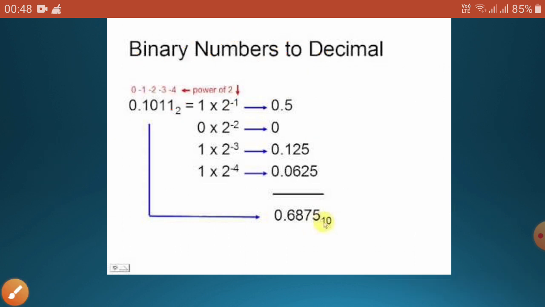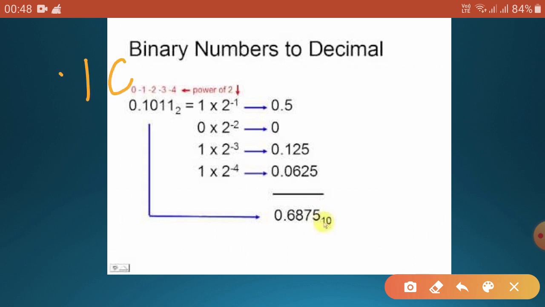Whenever we have a question to find the decimal number of a binary, suppose the question is .1011, this is in binary, and we have to convert it into decimal. So what to do?